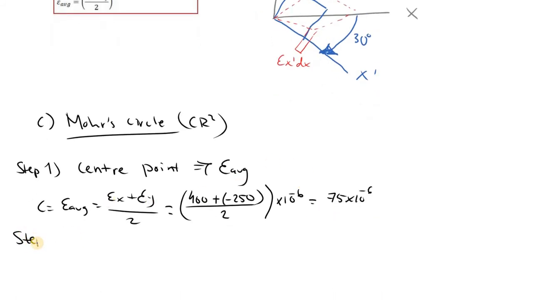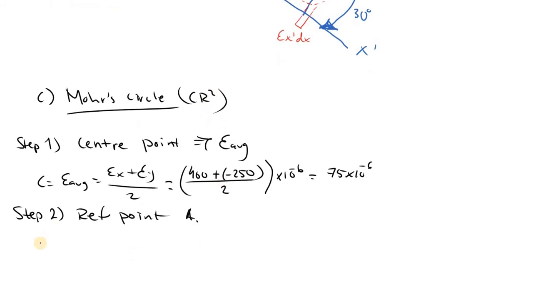Step 2. We are going to find our reference point, A. Again, just as in our stress calculation, pretty much the same. The only difference is, we will see that shortly, strain in X. But when we have our shear, in this case shear strain, it's always divided by 2.